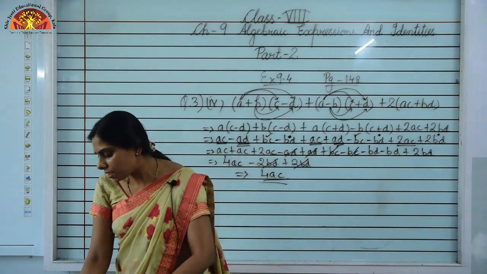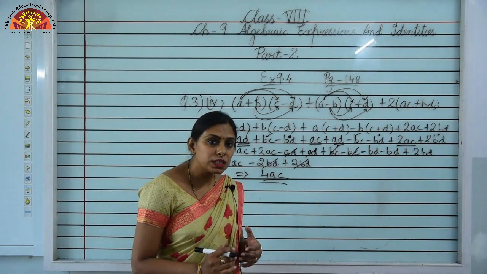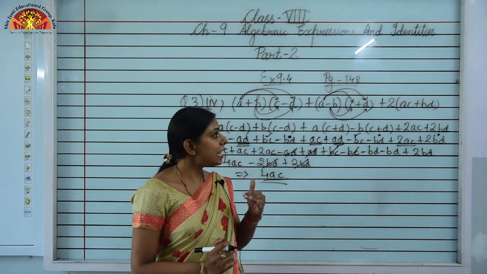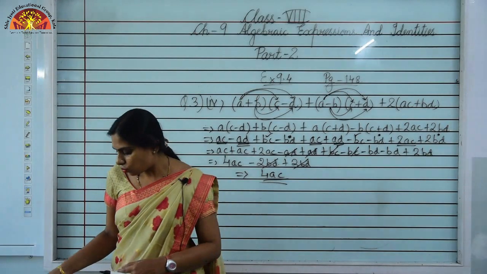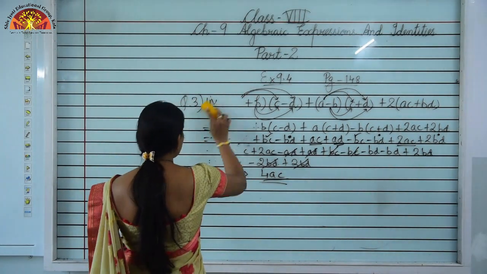Okay. Now just see children, our next topic is we will learn about the standard basic identities. That is the algebraic identities. So I will just let you know what are the basic algebraic identities.